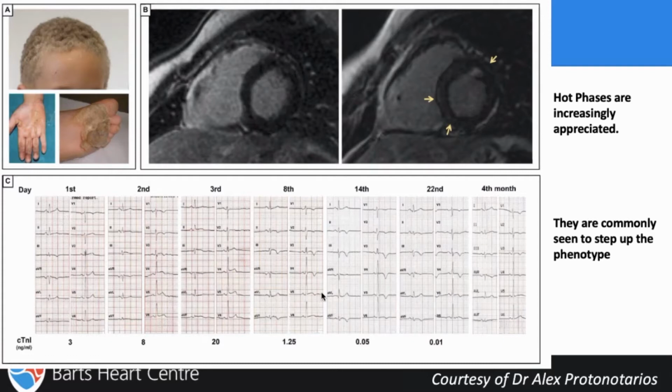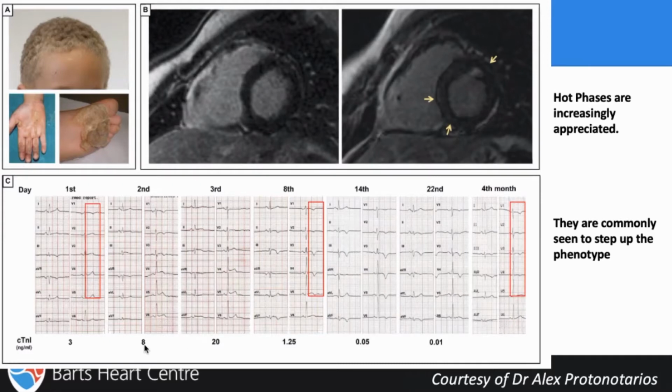And this is a patient with Naxos disease who presented a few years back with palpitations and some atypical chest pains. You can see here he's got typical skin changes, which I'm going to show you in a bit. And when he presented, he showed some troponin elevation, which is a marker of cardiac damage. He had a normal ECG, but you can see here that quite fast, on day 8, and then on month 4, he developed typical ECG changes with development of arrhythmogenic cardiomyopathy.